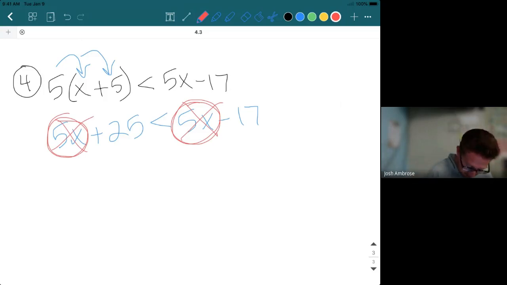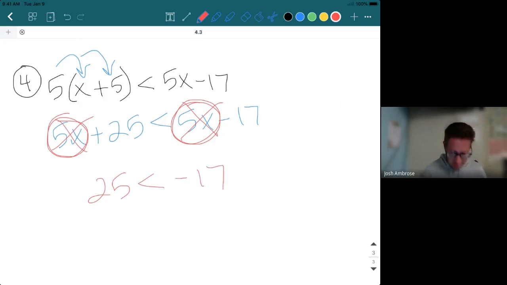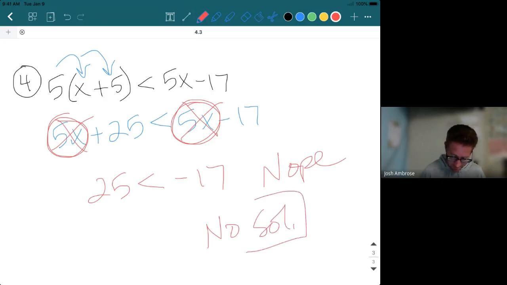Totally gone, leaving behind the statement 25 is less than a negative 17. Now you have to look at it closely because it's an inequality. Is 25 less than negative 17? Nope, it is not. So this would be a no solution. Okay? Because it is not a true statement.